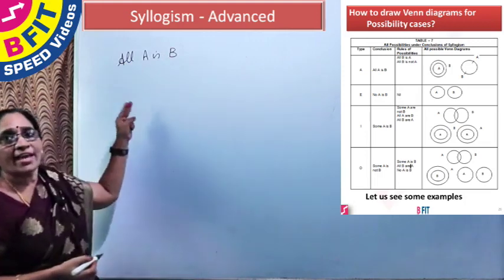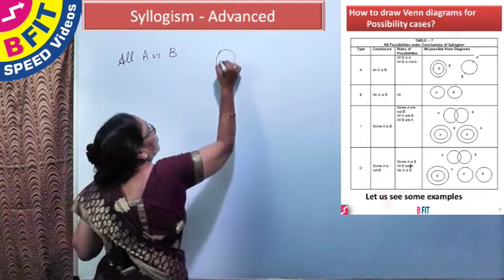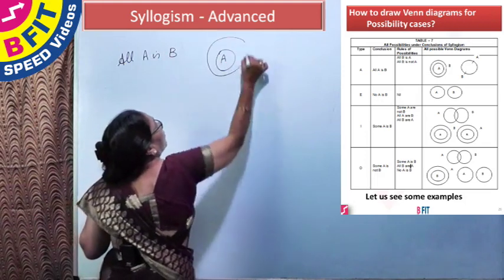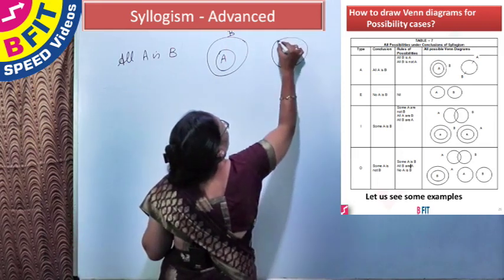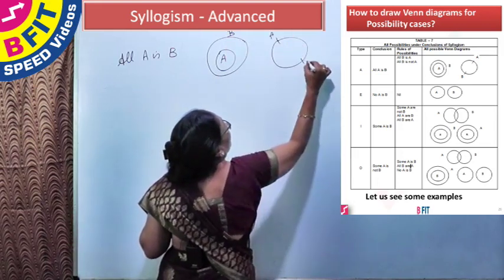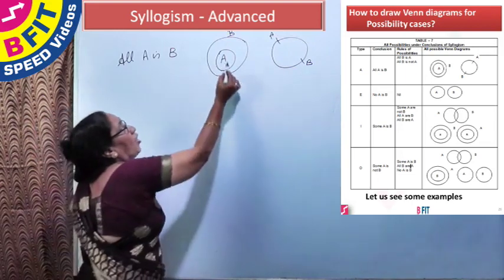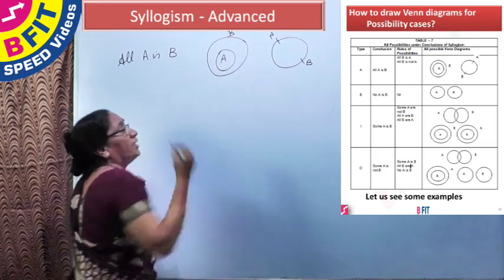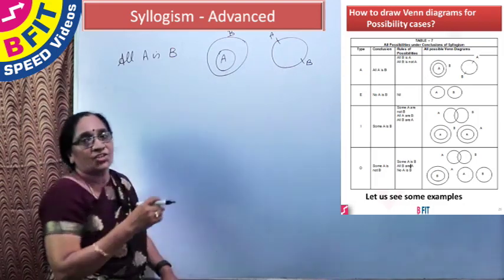For all A is B, we can draw that all A are within B, and the next case is both the circles superimpose each other.